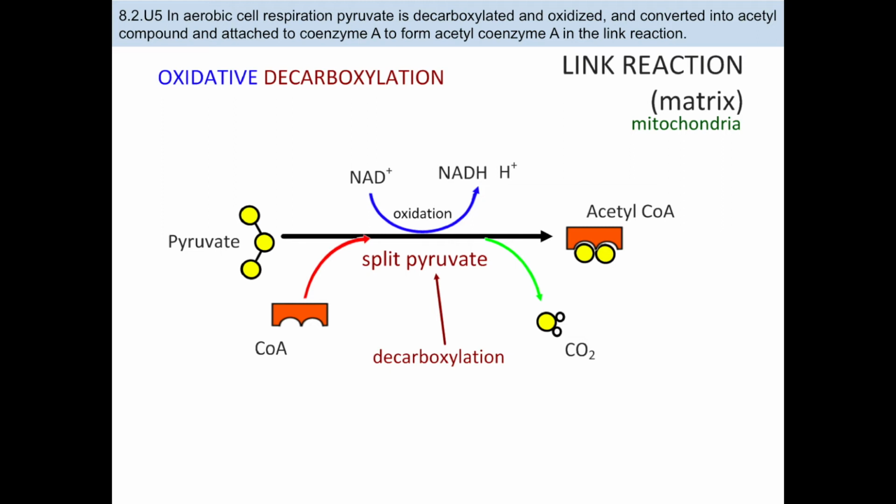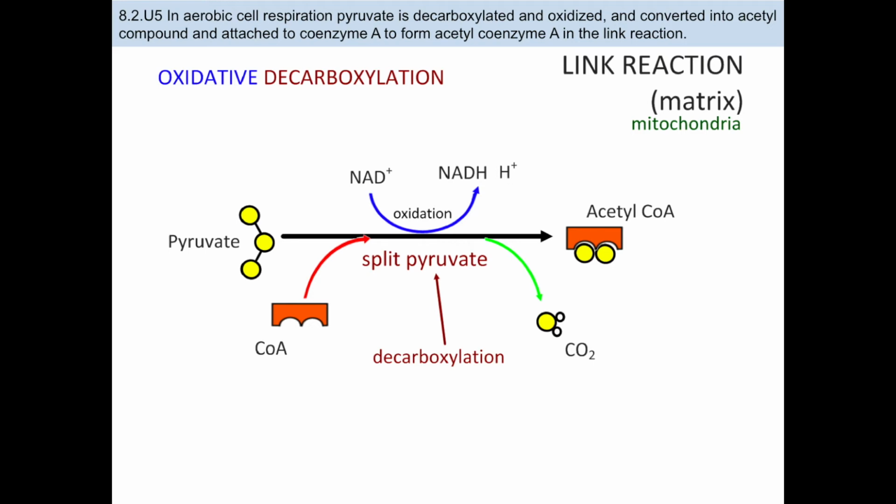So NAD plus is reduced. Pyruvate is oxidized. In the process of a coenzyme, it's also decarboxylated. It lost electrons, it lost hydrogen, it lost carbon. So what are the products? NADH plus H plus, acetyl coenzyme A, and carbon dioxide.